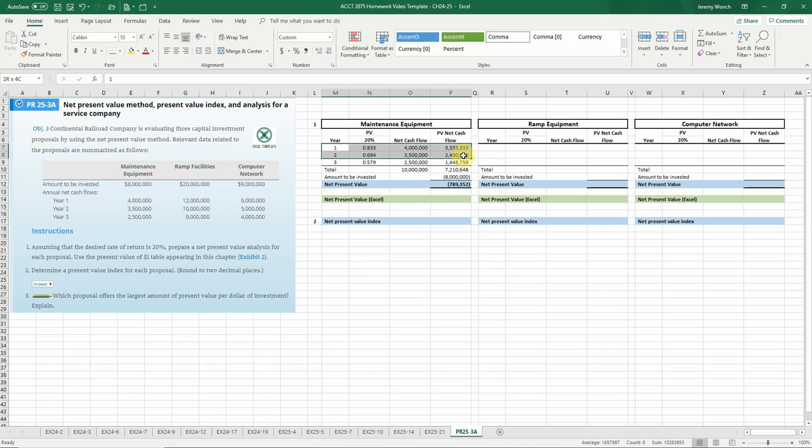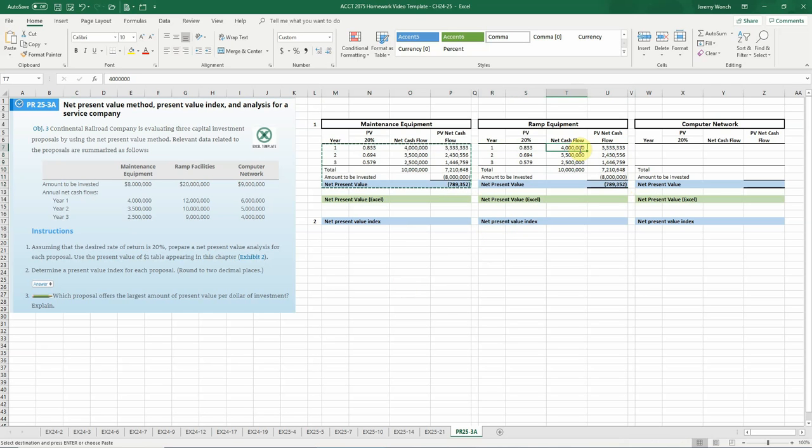So let's evaluate the ramp. Let's just go ahead and grab this range, copy it and paste it over. Now the only thing that we need to change is our cash flows.